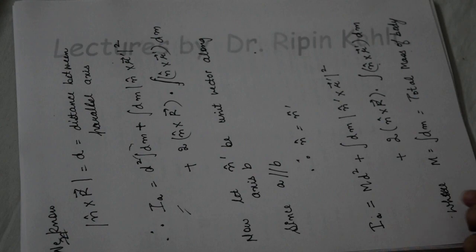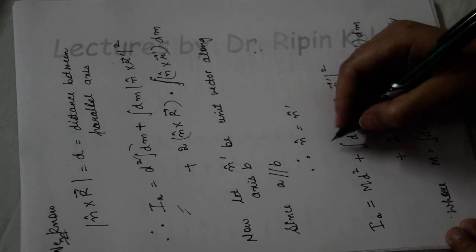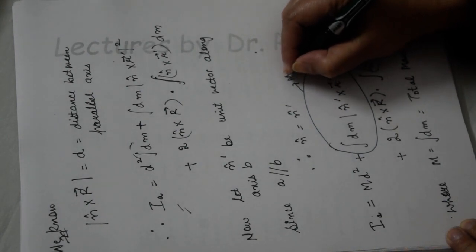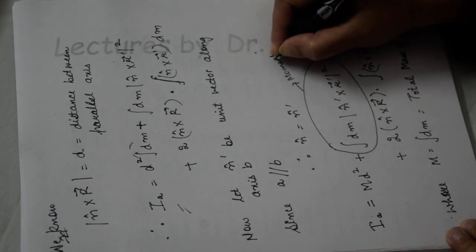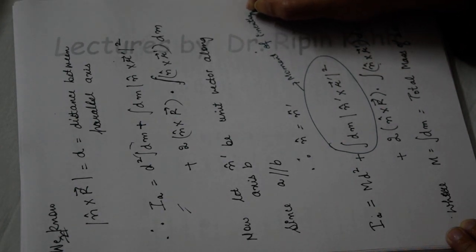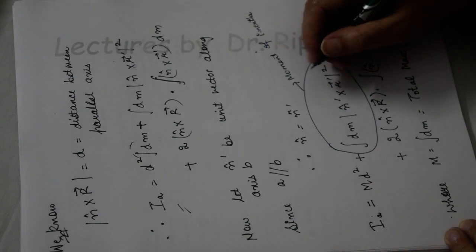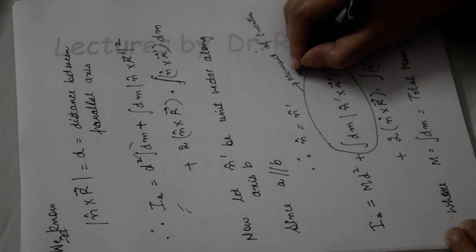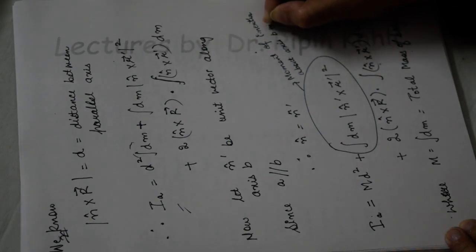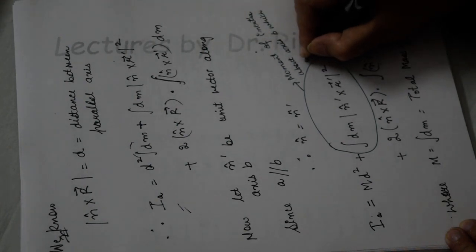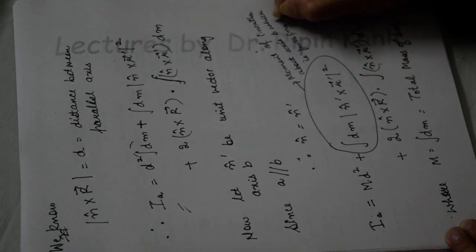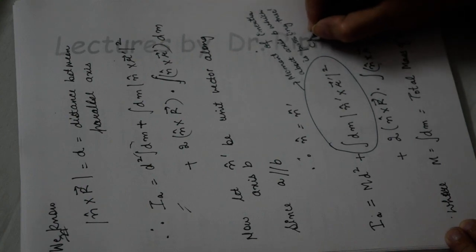So this term is the moment of inertia about axis B, which is passing through center of mass.